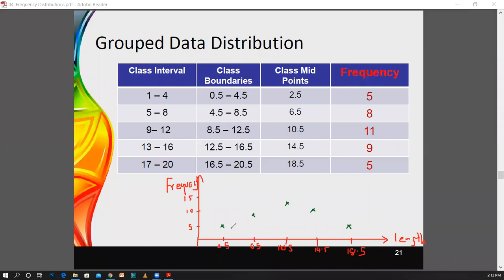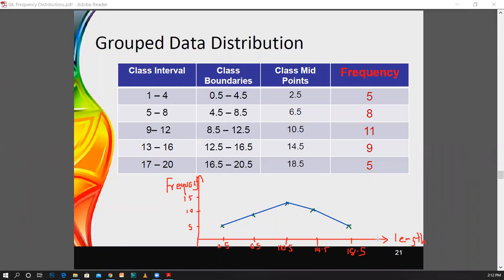Once you mark these points, you can connect them together. This is not freehand sketching. You can use a ruler to connect them. Then you will get the values in this way. This is the frequency polygon.